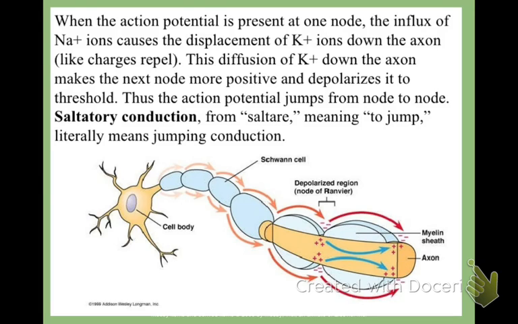It's in bold on page 174 of the book that we have in class. And it is quite significant because saltatory conduction is what allows nerves that are myelinated to transfer their impulses much, much faster.